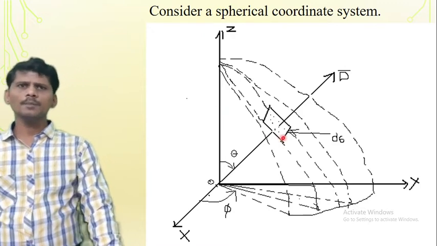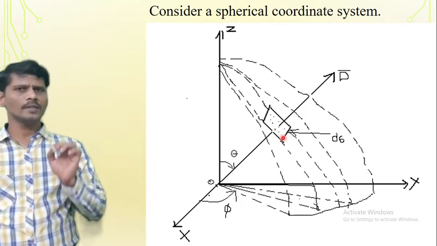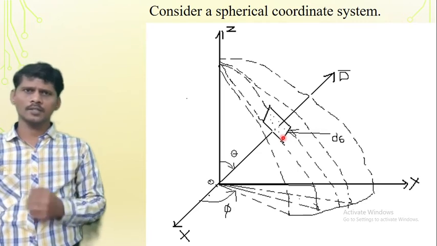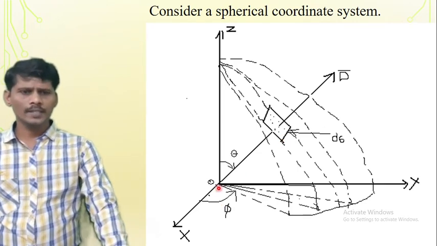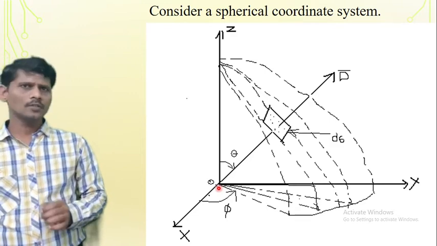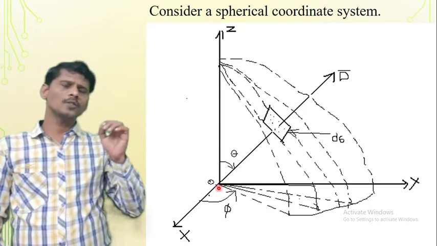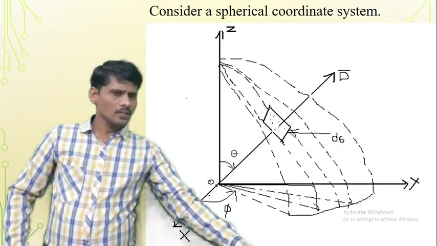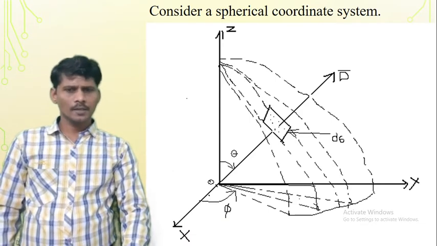At that point P, the direction of the electric flux density is always radially outward, that is along the R bar direction. Consider a point charge Q located at the origin. Draw the line from the origin to the point P. From here to here, the radius of the sphere is a meters.